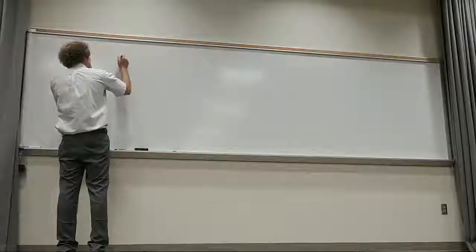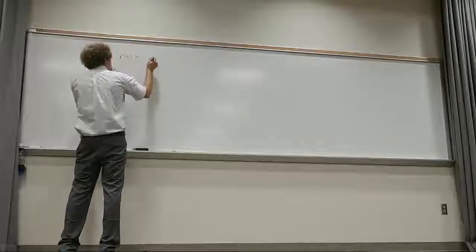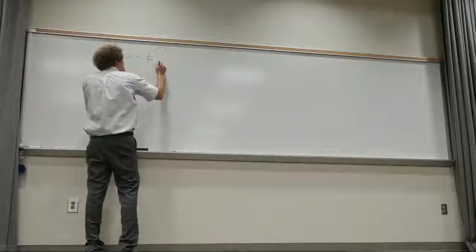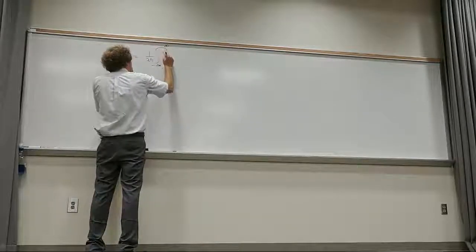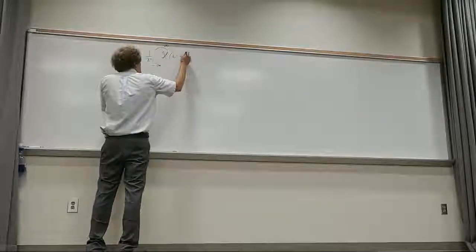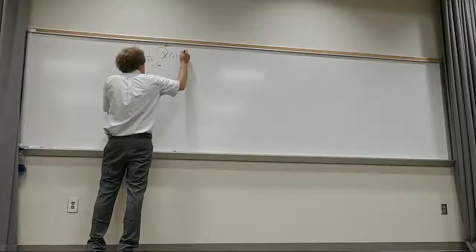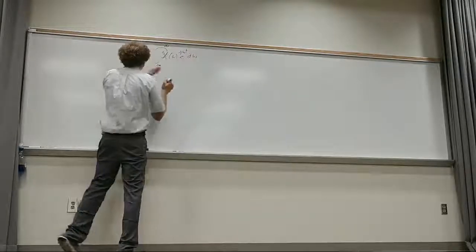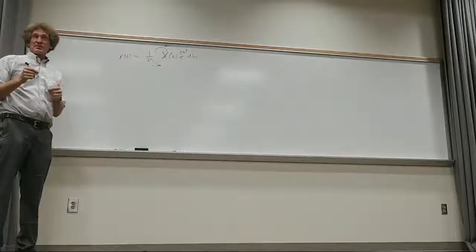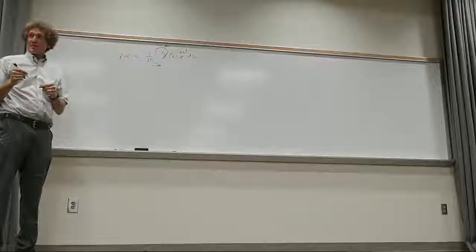First, remember, x of t was equal to 1 over 2 pi, the integral from minus infinity to infinity of capital X of omega times e to the plus j omega t d omega. That was the inverse transform, by definition, of the continuous time Fourier transform.